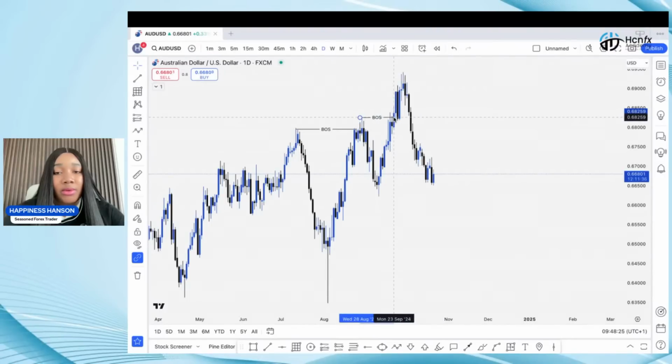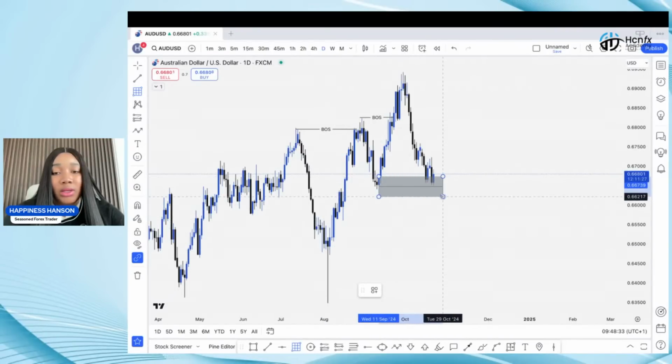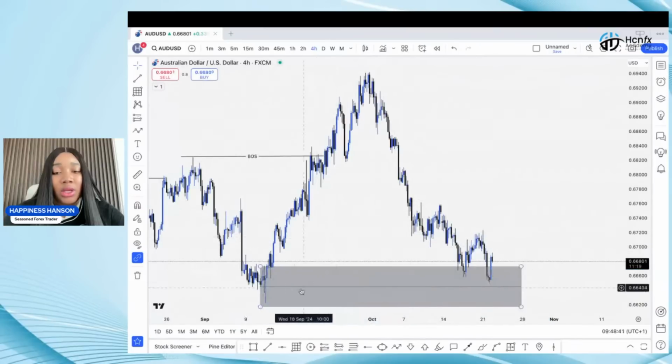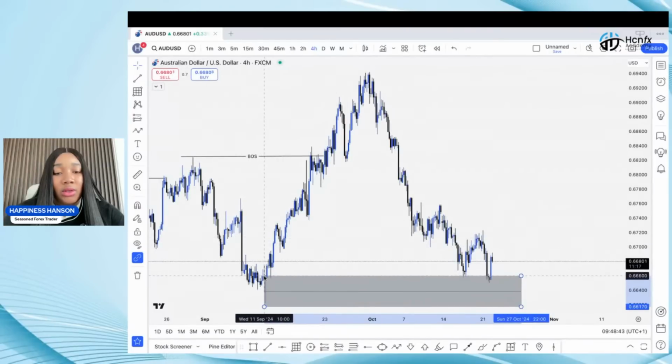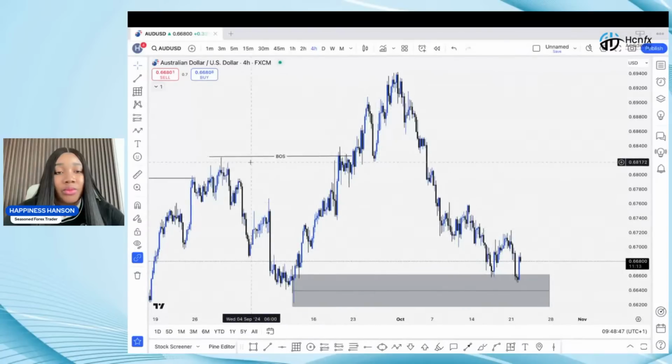We have another breakout structure here. Then I see this origin, which is where price is reacting to. So let's go down to 4 hours. Looking at it from 4 hours, refining it, price has mitigated it.